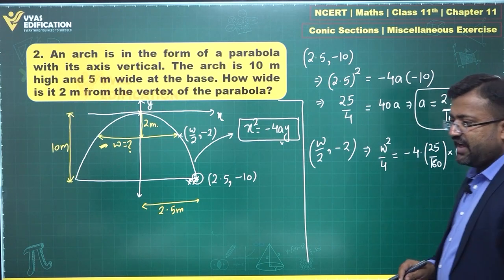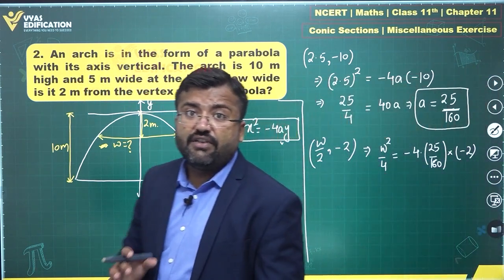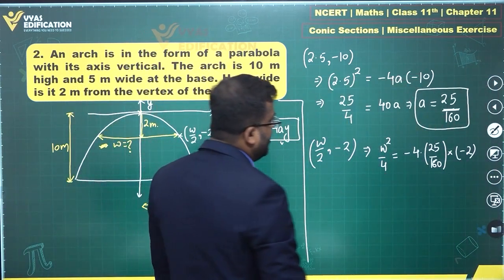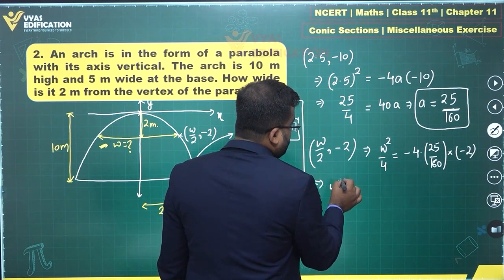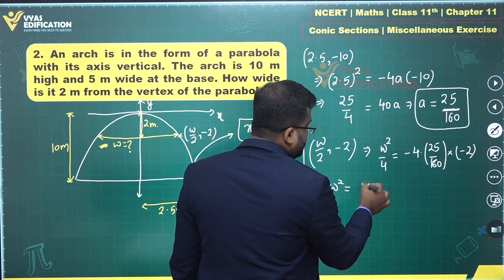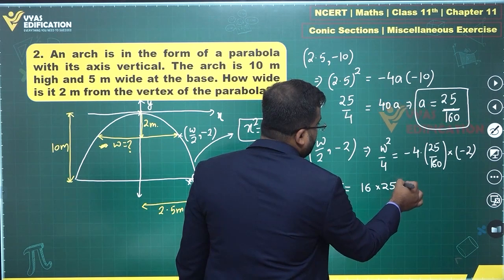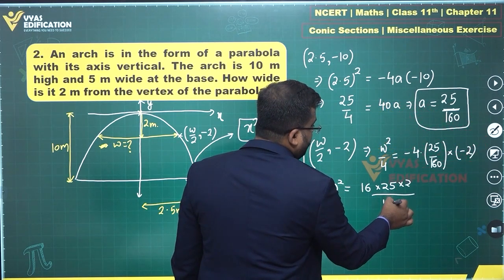Now you can easily find the value of w squared first and then w. So w squared will be equal to 4 times 4, 16 times 25 times 2 upon 160.